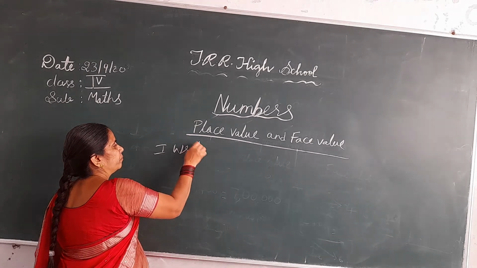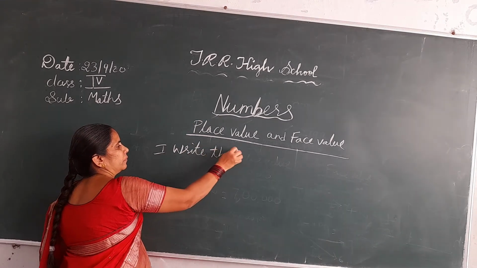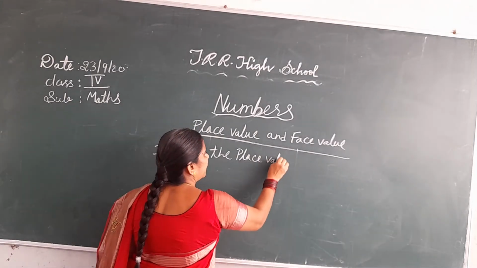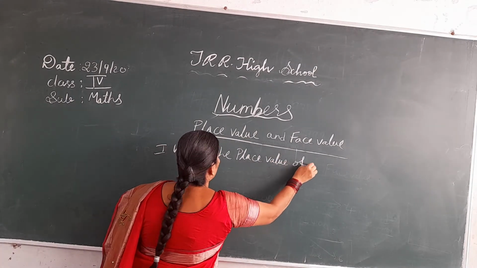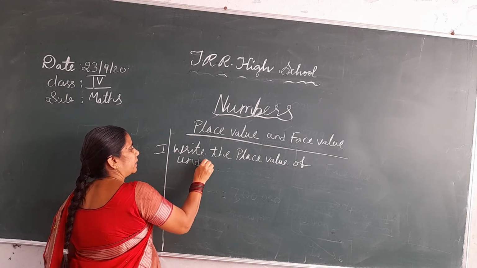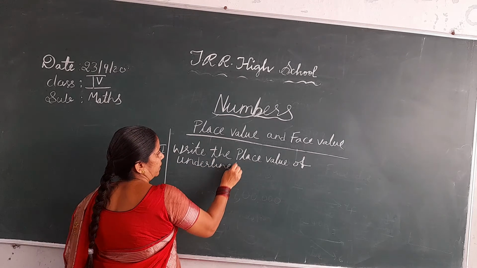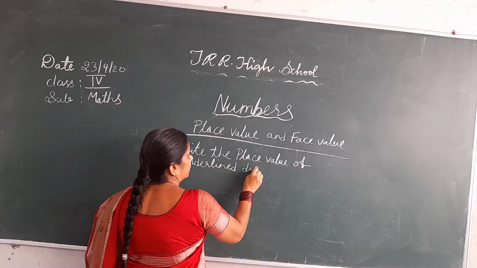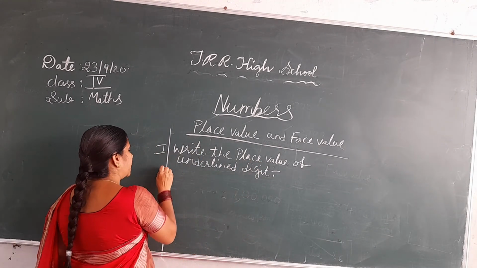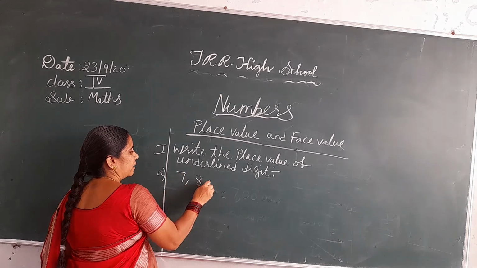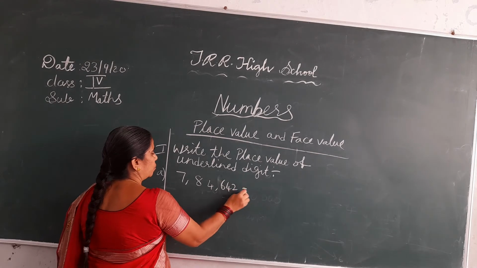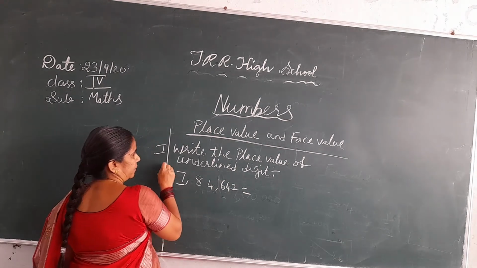Write the place value of the underlined digit. The first one is 7,84,642. 7 is underlined.